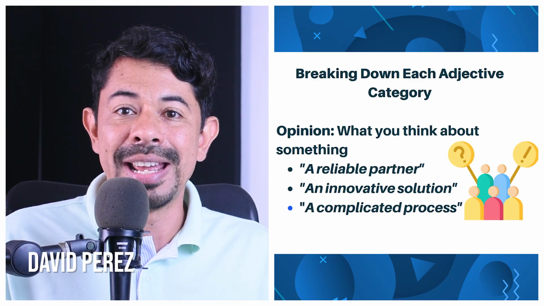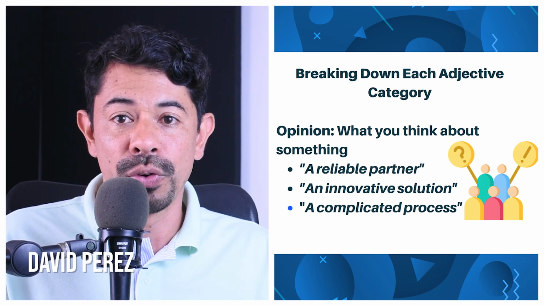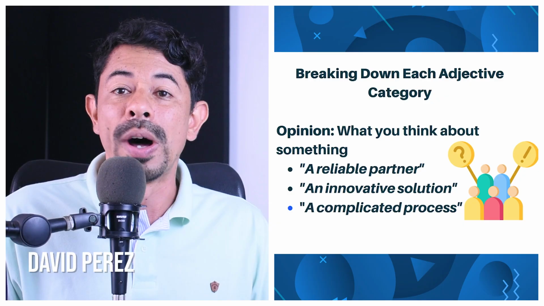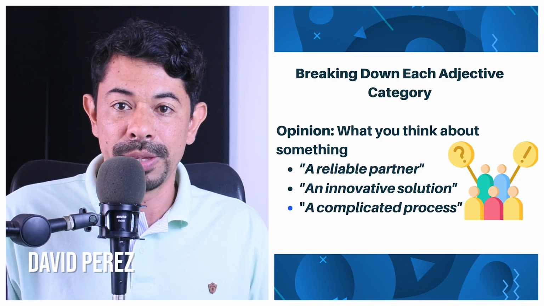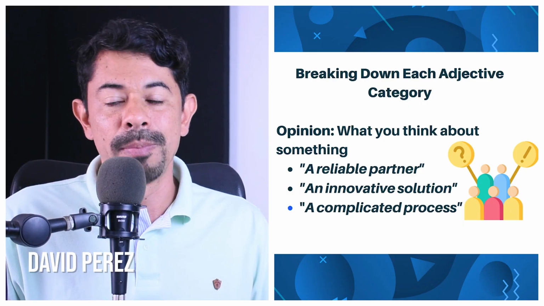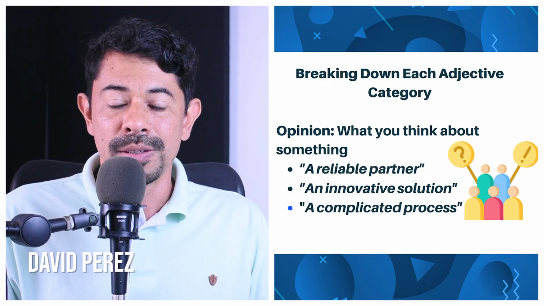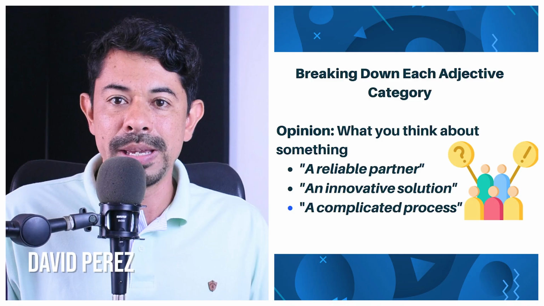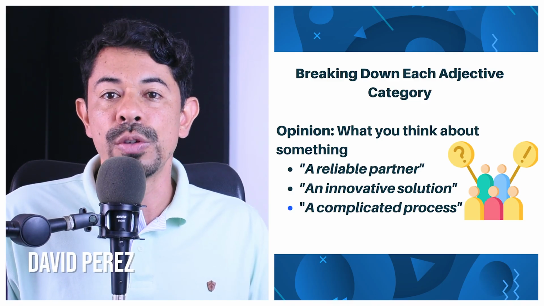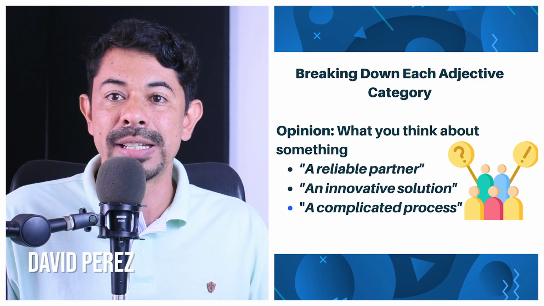So the first one is opinion. Opinion words express what you think or what people think about something. Yes, like reliable, innovative, complicated, easy. Some examples could be a reliable partner, an innovative solution, or a complicated process.